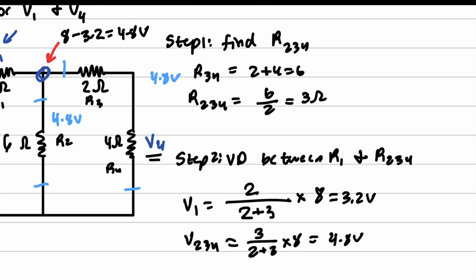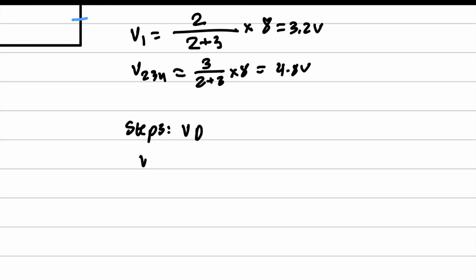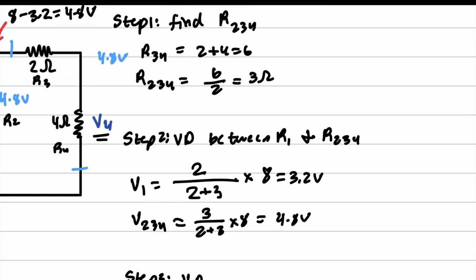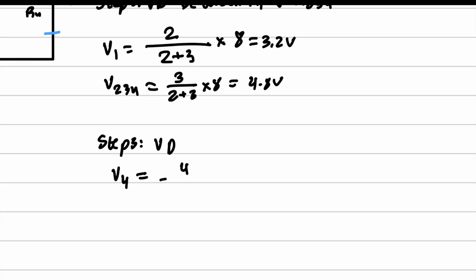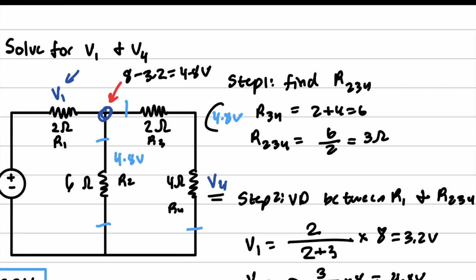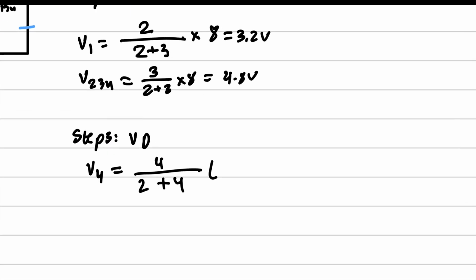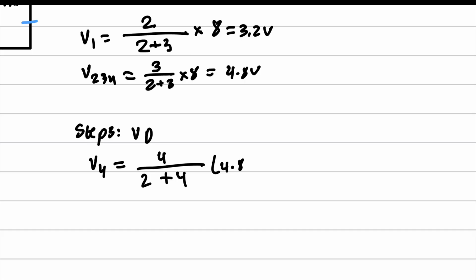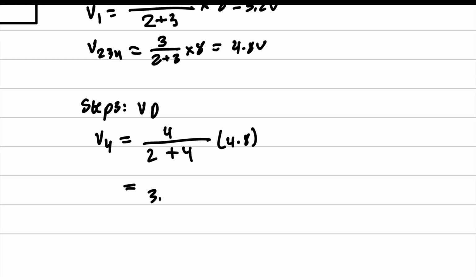So the voltage 4 is going to be 4 over 2 plus 4 times the voltage that it sees, which is 4.8 volts. And that is going to equal 3.2 volts. Okay?